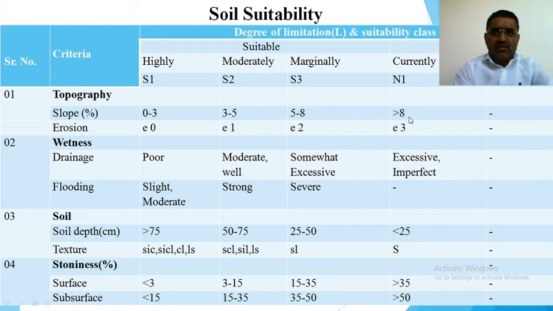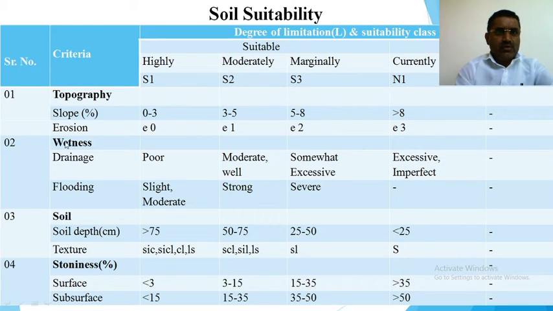This is currently not suitable, because we can do the leveling of the land, and we can do the use of machineries, and we can do some gentle slope over there. That time it can be possible to do the suitability in the future, but currently it is not suitable. But if above more than 8 slope is there, then that land is permanently not suitable.